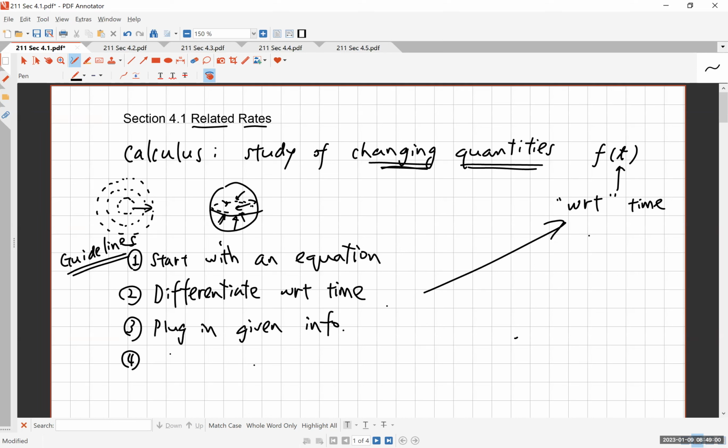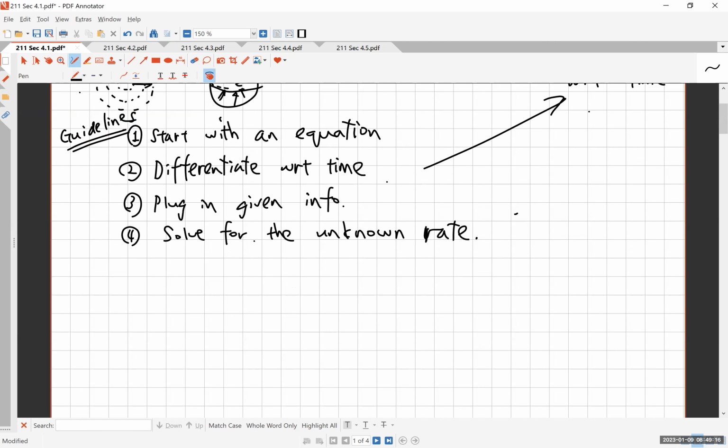And then number 4, you solve for the unknown rate. Okay, so like I said, there's no one way of doing this. You have to be flexible, but this is the sort of a guideline. And the way to learn how to solve related rates problems is really just by doing a few. In fact, maybe doing a lot.